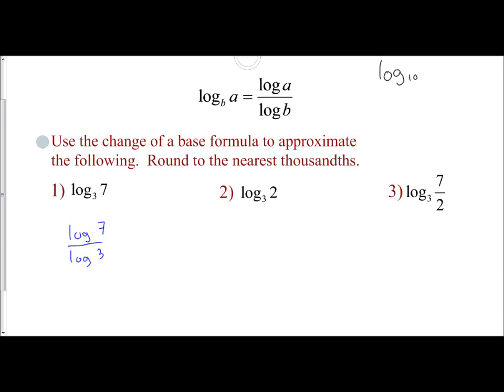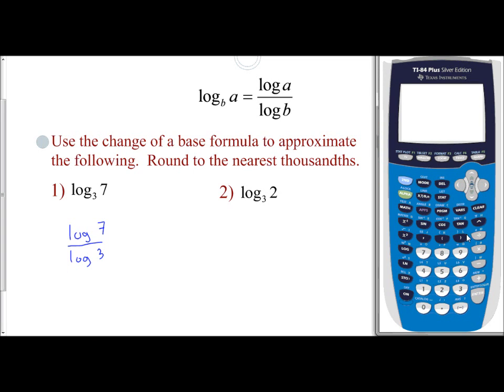So let's apply that with our calculator. Where is our log button on our calculator? I have my log right next to 7. So I have log of 7, close the parentheses, divided by log of 3, and then close the parentheses.